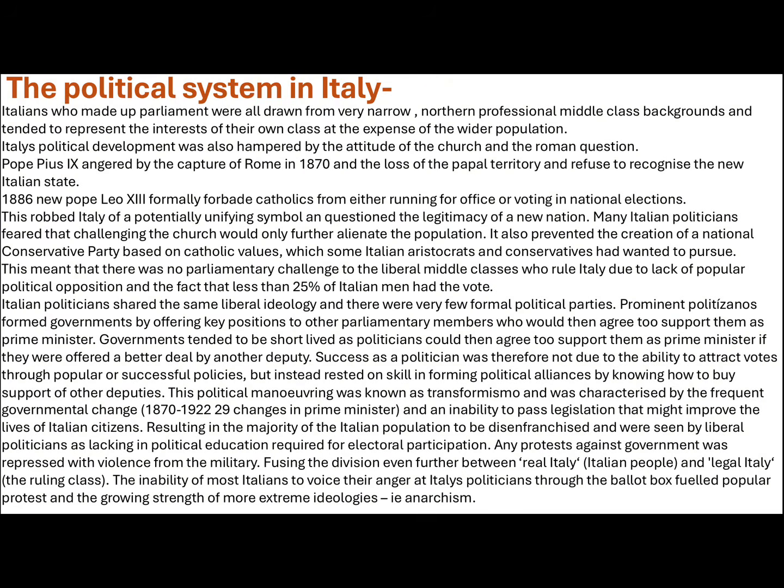Any protest against the government was repressed with violence from the military, furthering the division between real Italy, the Italian people, and legal Italy, the ruling class. The inability of most Italians to voice their anger at Italy's politicians through the ballot box fueled popular protest and the growing strength of more extreme ideologies, i.e.